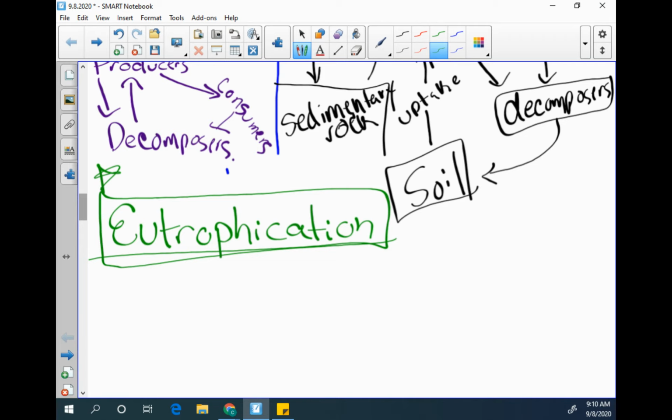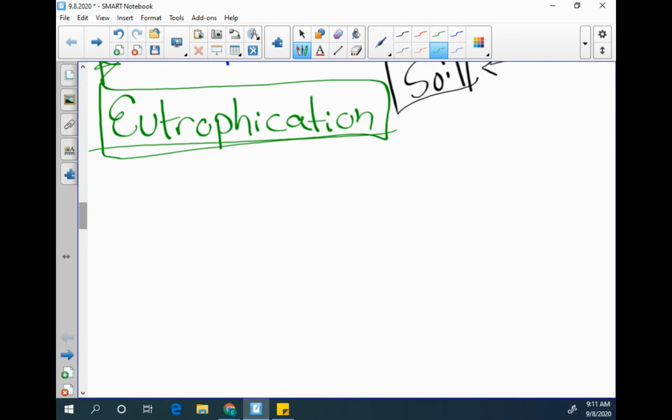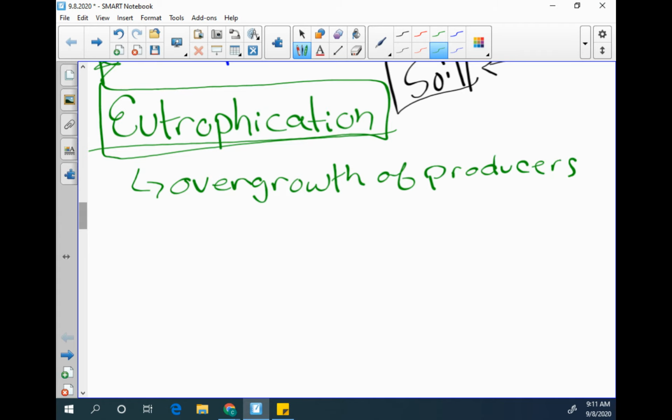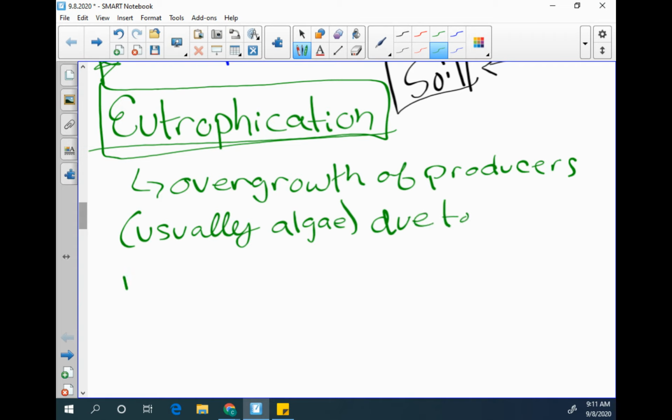A little star by it. Eutrophication is the overgrowth of producers, usually algae, due to increased phosphorus levels.